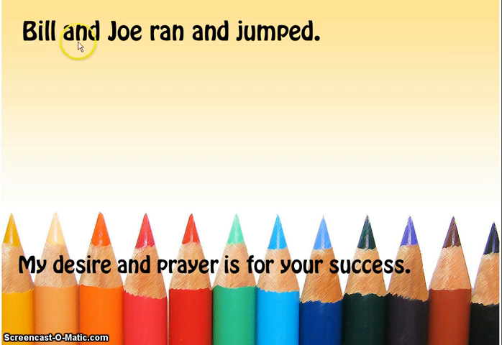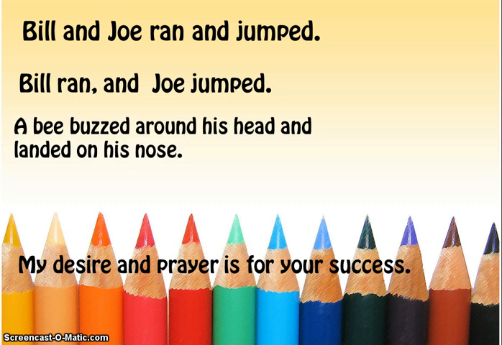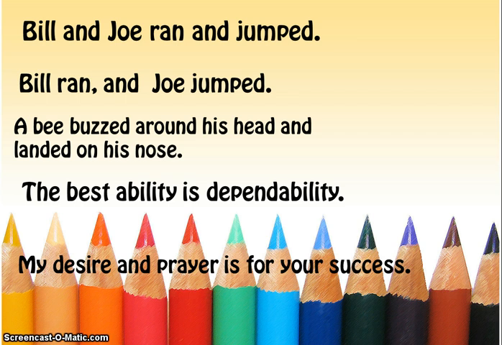We have Bill and Joe ran and jumped. Bill ran and Joe jumped. A bee buzzed around his head and landed on his nose. The best ability is dependability. And the last, my desire and prayer is for your success.